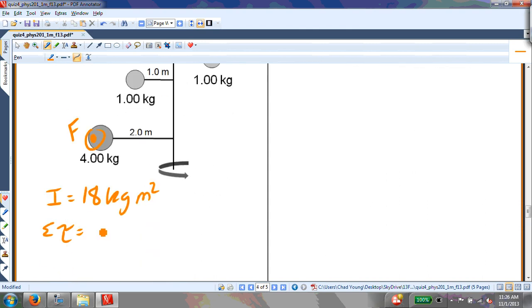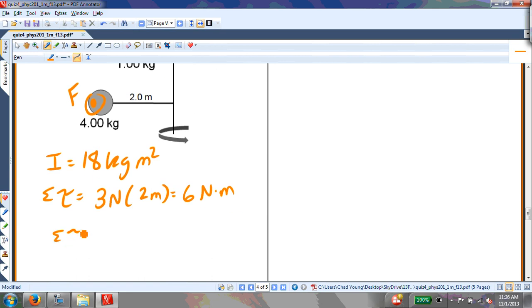So the net torque is 3 newtons at 2 meters, so the net torque is 6 newton meters. I want to know alpha. Sum of the torques equals I alpha. So alpha is the sum of the torques over I, which is going to be 6 over 18, 1/3. Right, so that's in radians per second squared.